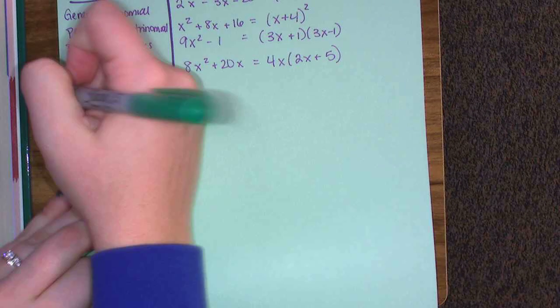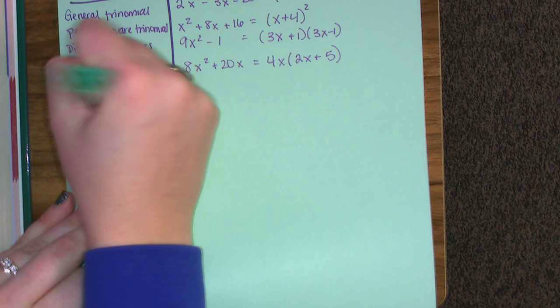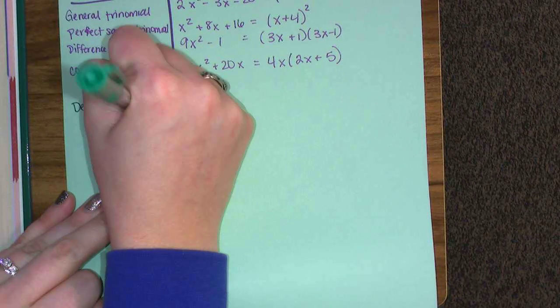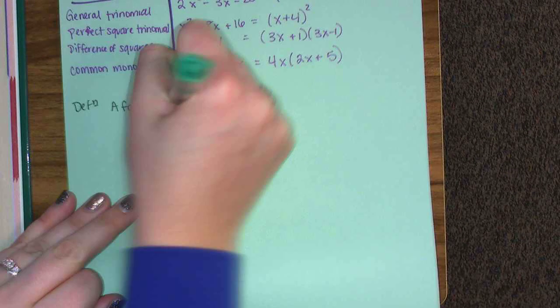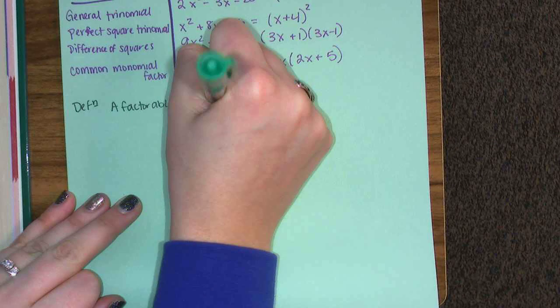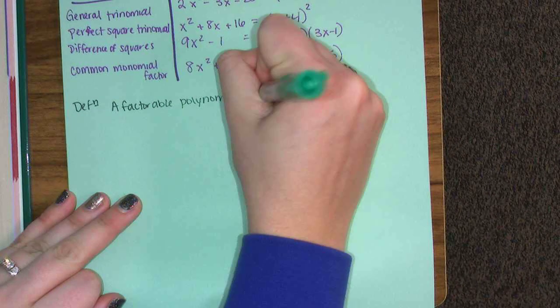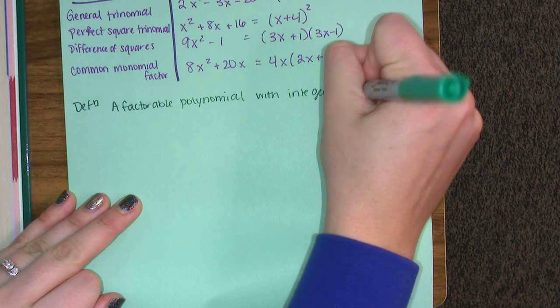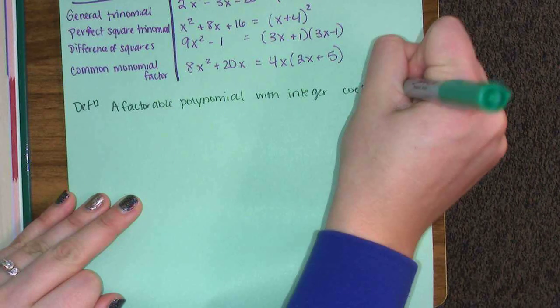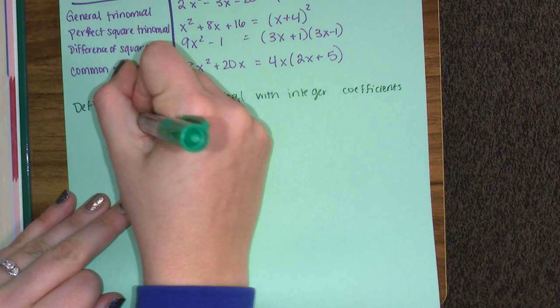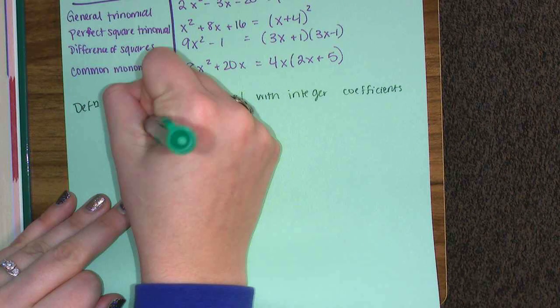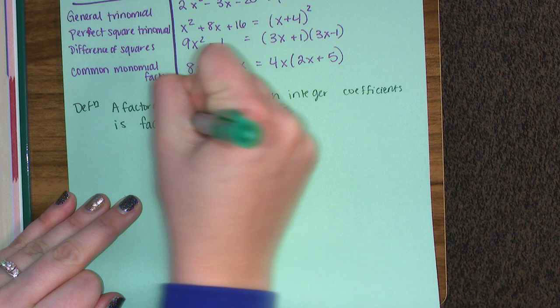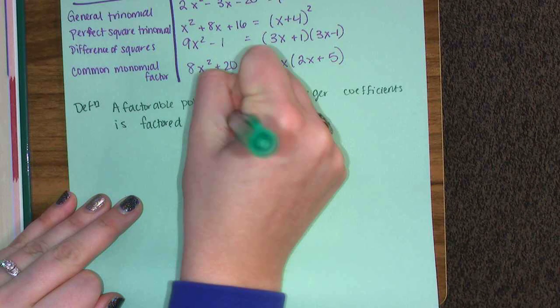Alright, so then definition: a factorable polynomial with integer coefficients is factored completely. That's the term we're looking at.